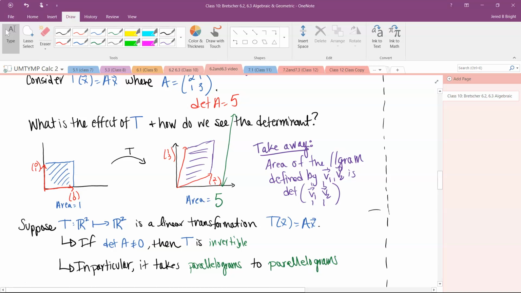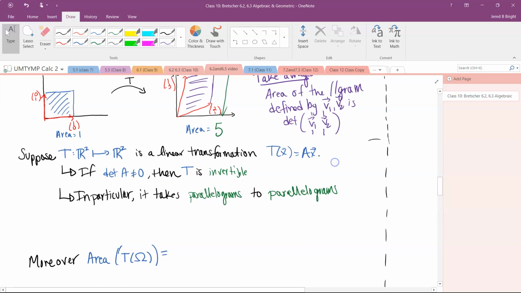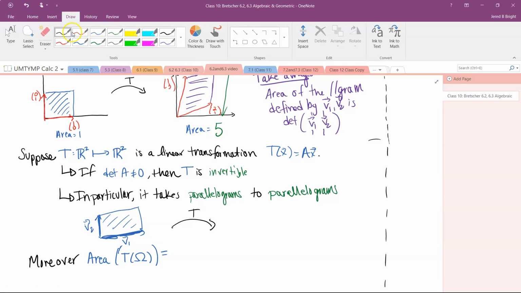If we were to draw a little image, imagine we have transformation T occurring, and we have vectors something like this. Over here is V2, and down here on the bottom would be V1, which span this parallelogram. We're going to call this general space omega. This is consistent notation with the textbook.